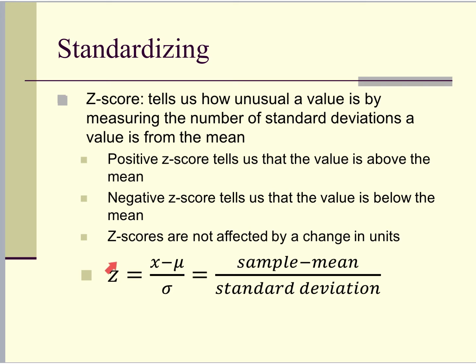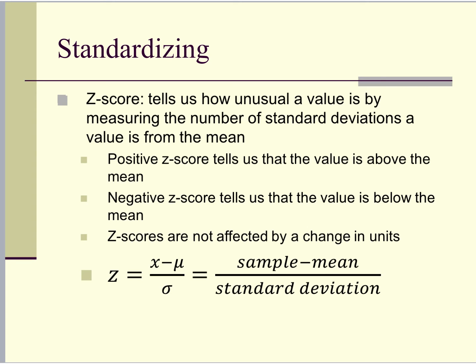The calculation is z is equal to x, your sample, minus the mean divided by the standard deviation. Sample minus mean over standard deviation. This is a pivotal, super important equation. We use it all year long, and so being familiar with it is helpful. What standardizing does is it allows us to compare things.